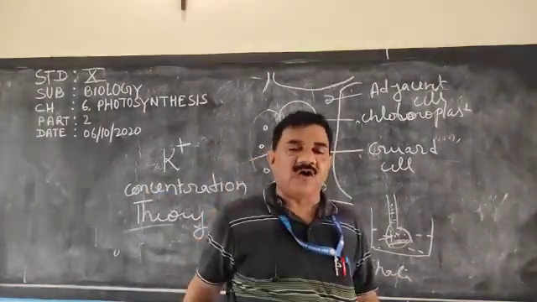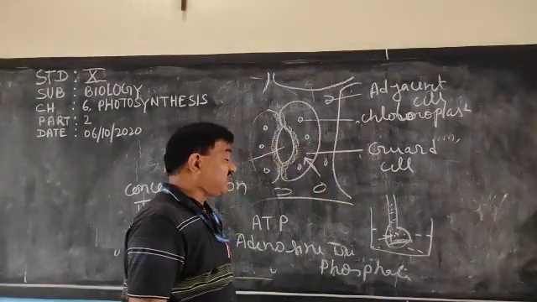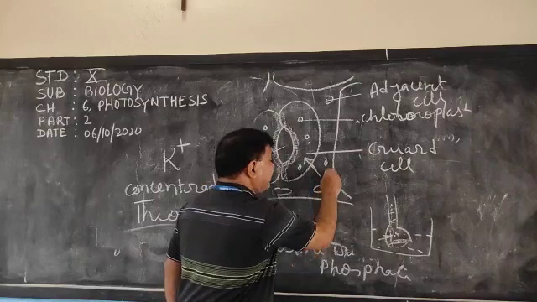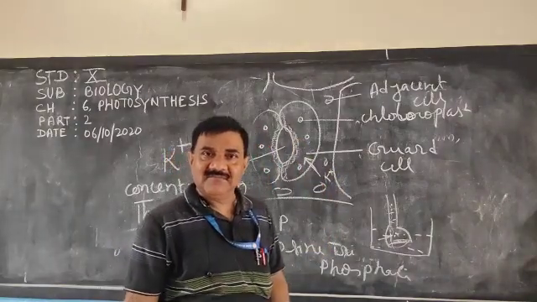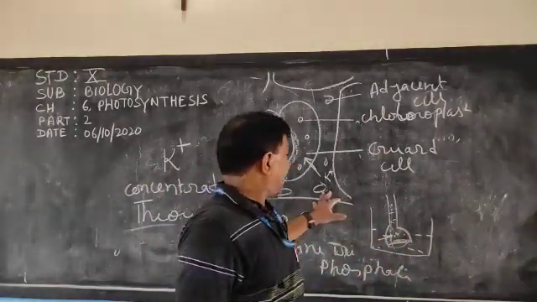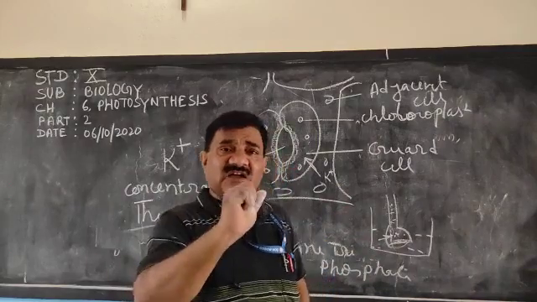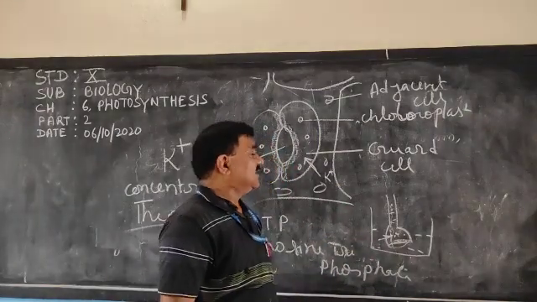This energy is formed in photosynthesis, and it is utilized to pull the potassium ion from the adjacent cell into the guard cell. Forcefully, this energy is used to push the potassium ion from the adjacent cell to the guard cell.